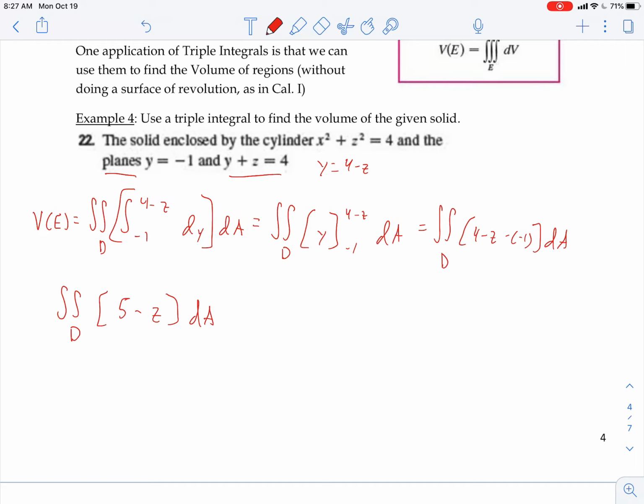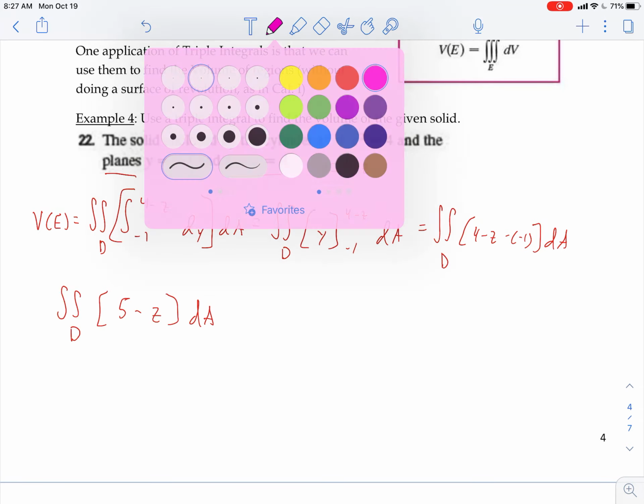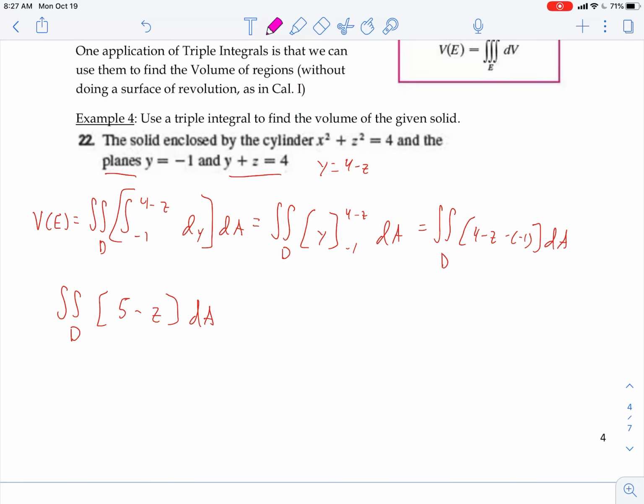All right, now what I can say is I have x squared plus z squared equals 4. That's just going to give me a circle on the xz plane. All right, where I can say x is equal to r cosine theta, and that means that z is going to be r sine theta.